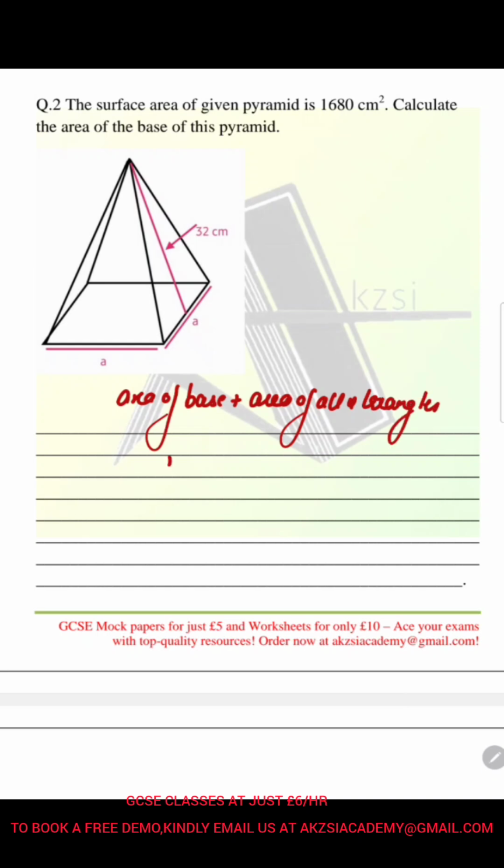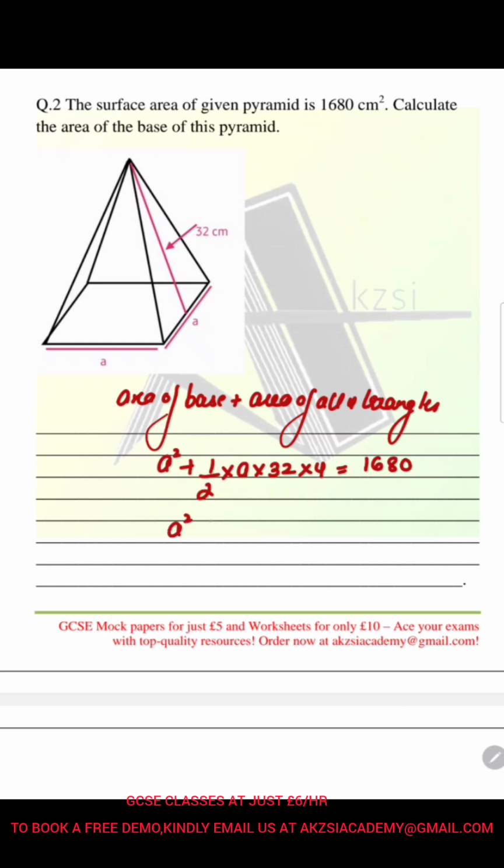So base is A squared, and area of one triangle is half times base A times height, which is 32. And because there are 4 such triangles, that's why I have multiplied it with 4. And this one is equal to 1680.